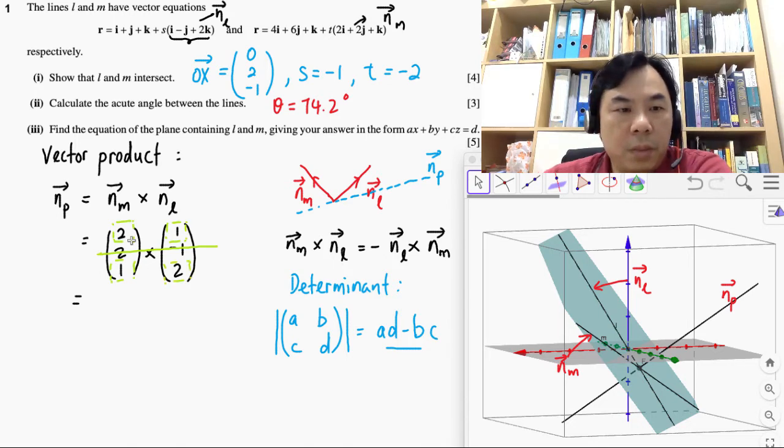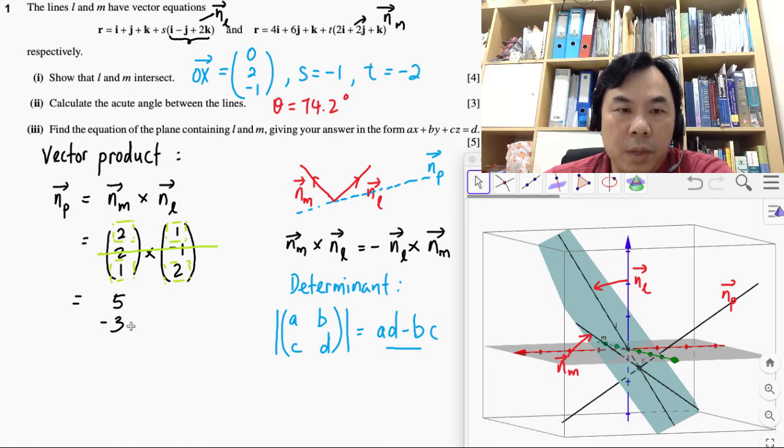I forgot my first cofactor that I have already obtained, which is 5. Now the second cofactor gives me 4 minus 1, which is a 3. But bear in mind, for the second cofactor, we have to apply a negative in front. So that will be a negative 3.